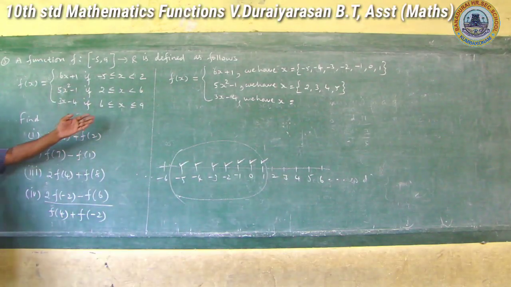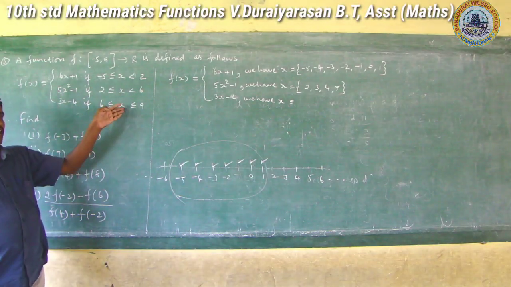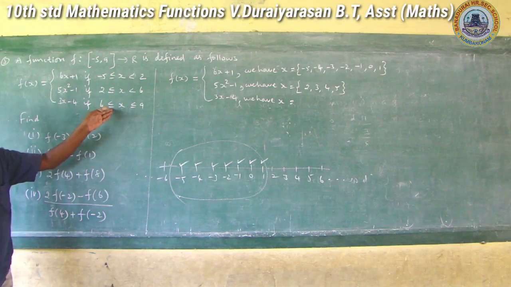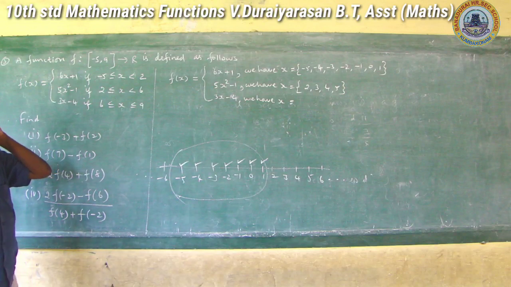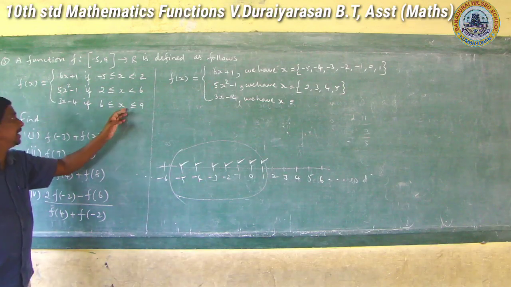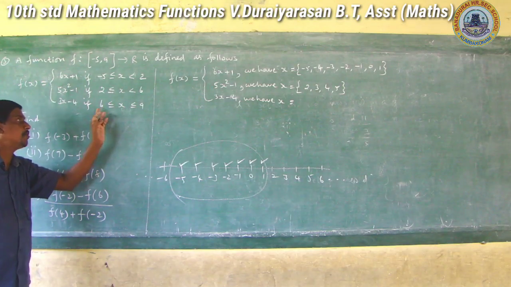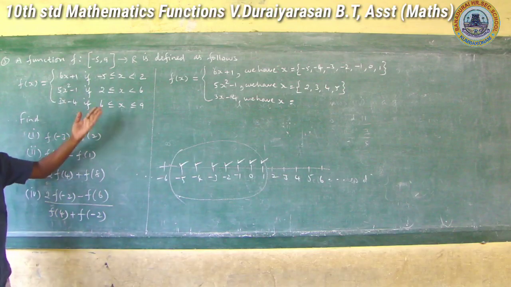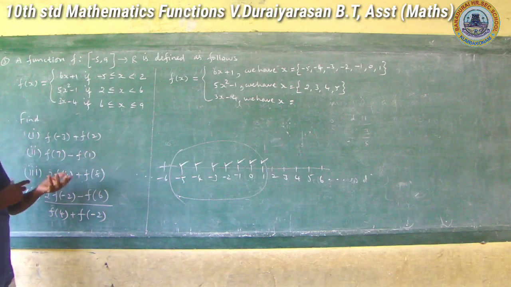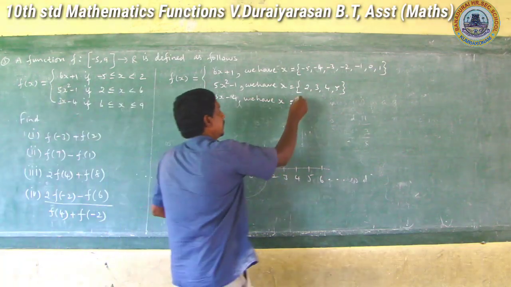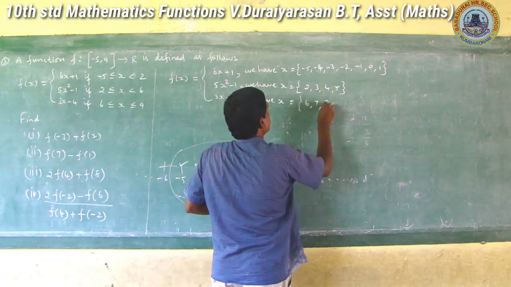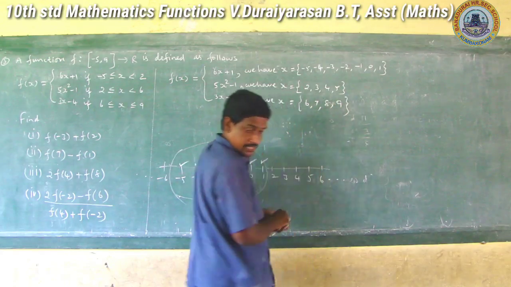Finally, the last function, 3x minus 4. What is the value of x? The values of x are greater than or equal to 6 and less than or equal to 9. Between 6 and 9, also including 6 and 9. So the values of x are 6, 7, 8, 9.